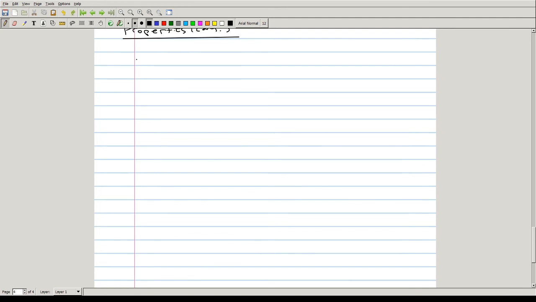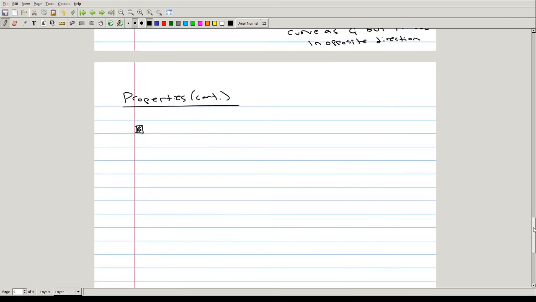This property has to do with the line integral on two separate curves. I'll draw a picture here to make this a little more clear. Let's say we have some curve C1 and some curve C2.